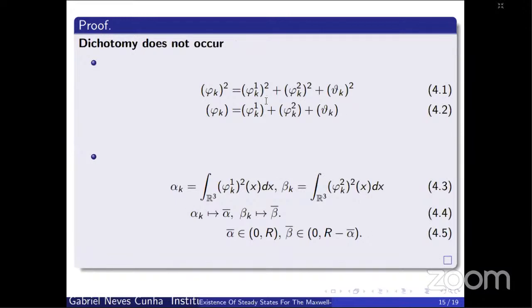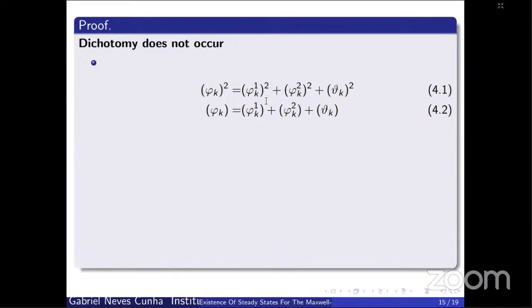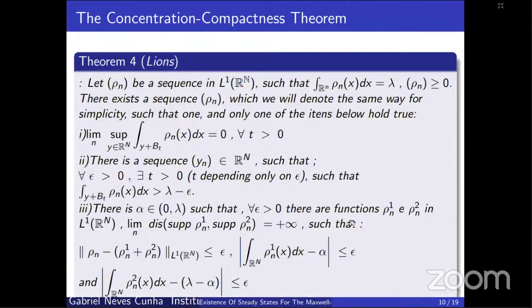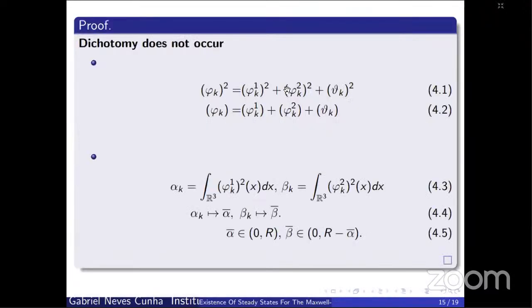If you suppose dichotomy occurs, you get these two functions here. So we kind of split the original minimizing sequence between these two.